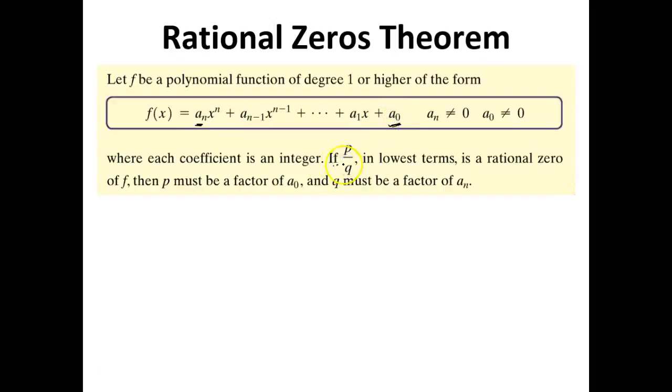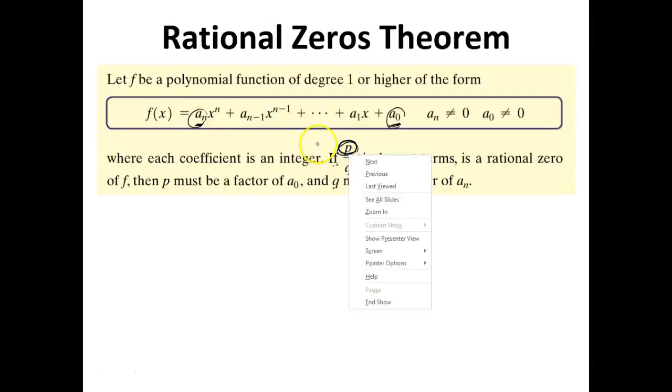Then if P over Q in lowest terms is a rational zero, P, so the top here, has to be a factor of this last one, and Q must be a factor of the leading coefficient. This is saying if there's a zero that can be written as a fraction, we can find it based off this last number and this first number.